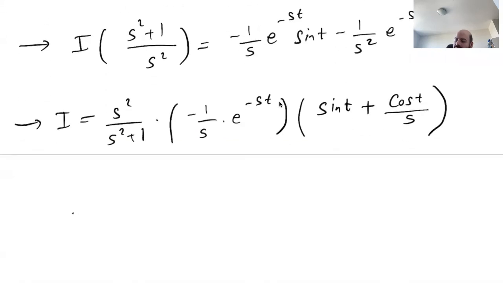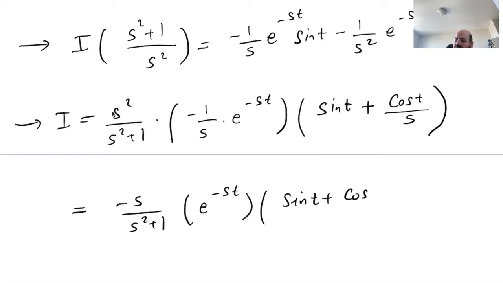And I can simplify it further, because minus 1 over s times s squared will be minus s. So minus s over s squared plus 1 times e to power minus st times sine t plus cos t over s.